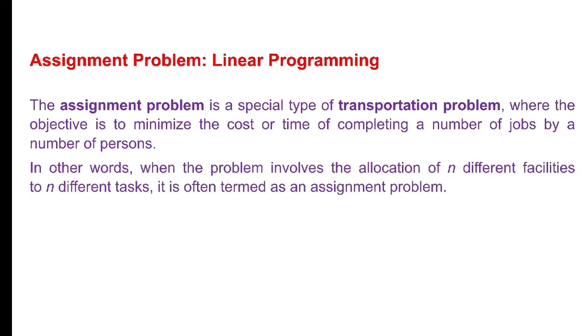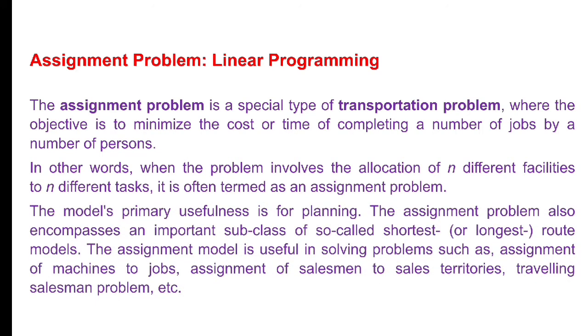In other words, when the problem involves the allocation of n different facilities to n different tasks, it is often termed an assignment problem. The model's primary usefulness is for planning.